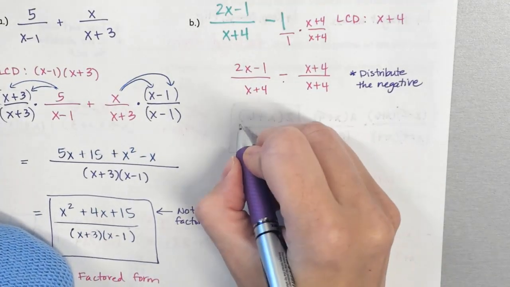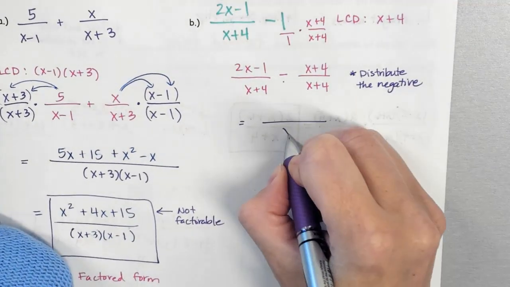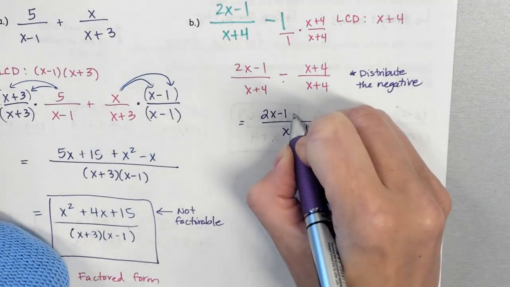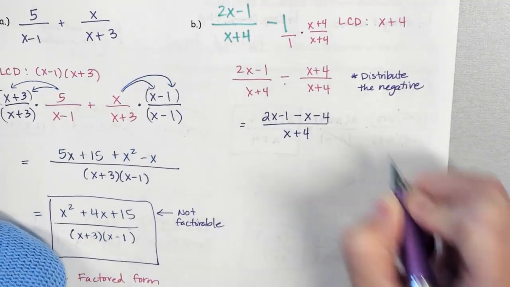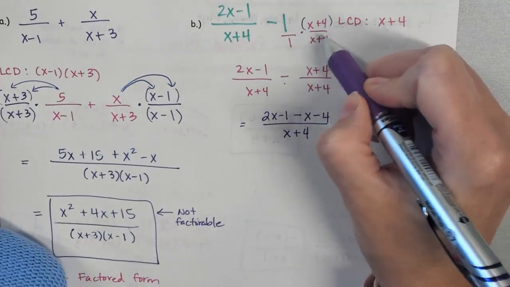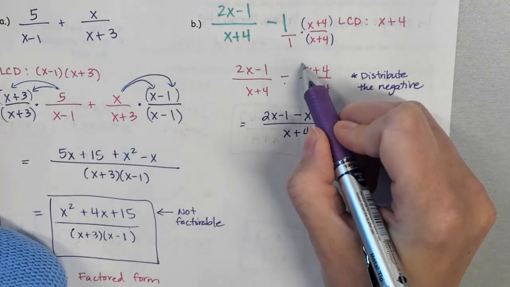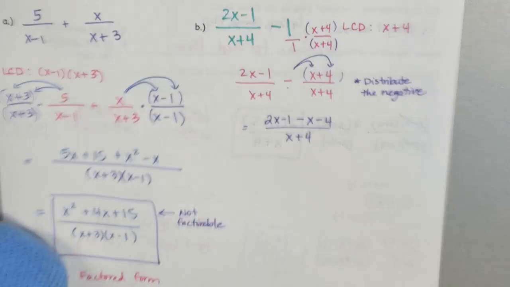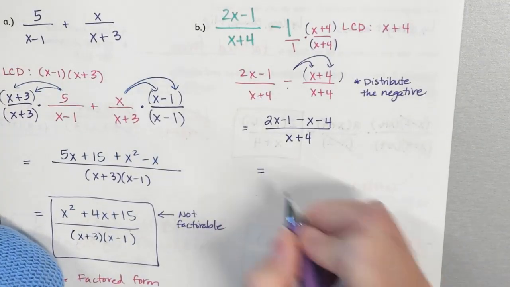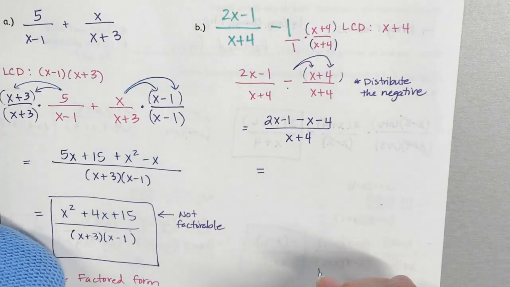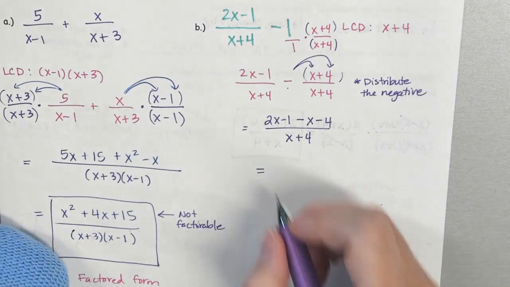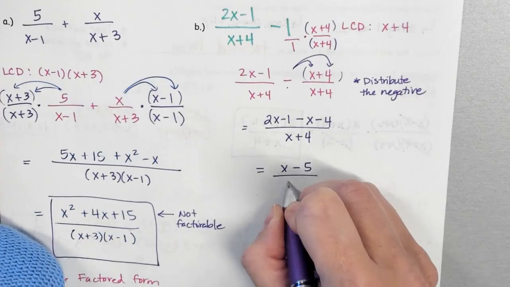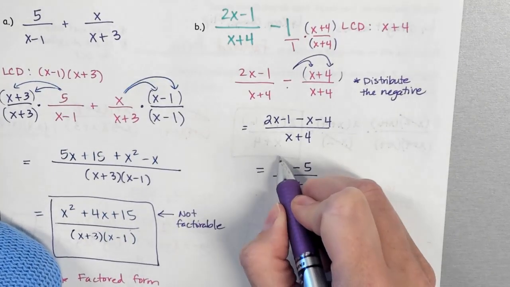So when we make this into one big fraction over the common denominator, this would be 2x minus 1 minus x minus 4. Okay, keep in mind that this is a factor. Okay, keep in mind that you have to distribute to both. Okay, and then 2x minus x, negative 1 minus 4, negative 5, and then this would be your final answer.